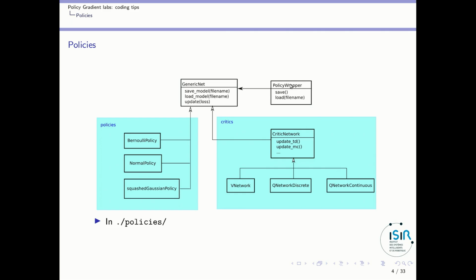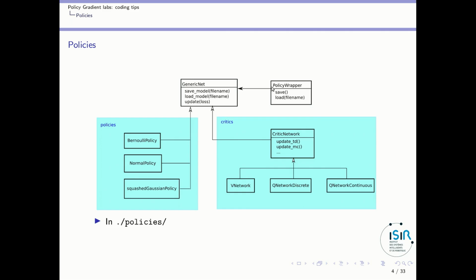In fact the policy wrapper uses this capability to save and load a generic net using those functions. And for those of you who are doing the labs in the context of my classes, you will need to use these policy wrappers to save the neural network you have obtained on a particular benchmark, so that I can reuse the network you obtain to see what's your performance.